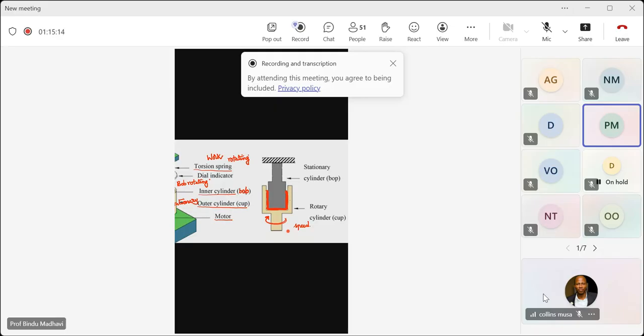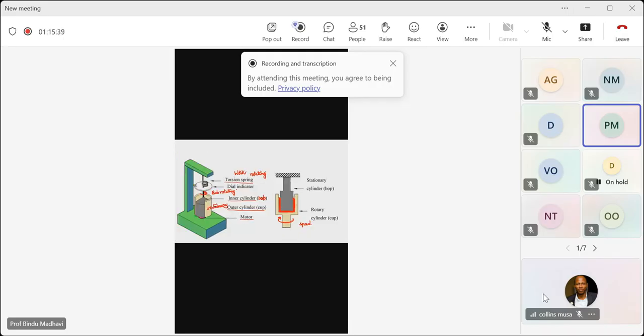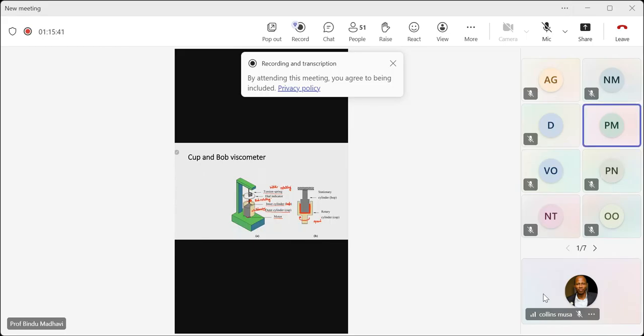Exactly. If the liquid filled in between is dilute, it is very easy for the element that is rotating to show high speed. When the liquid present between cup and bob is thick, that will resist the rotations. Either it is the cup which is rotating or the bob which is rotating, they slow down. The RPM goes down.